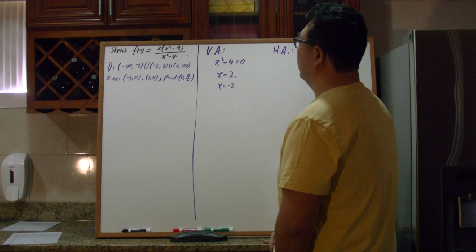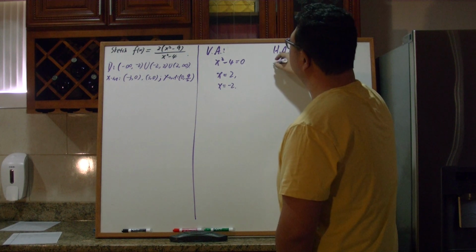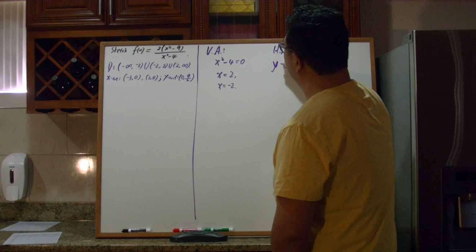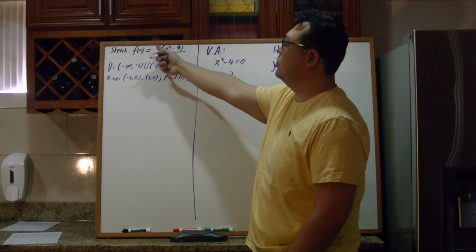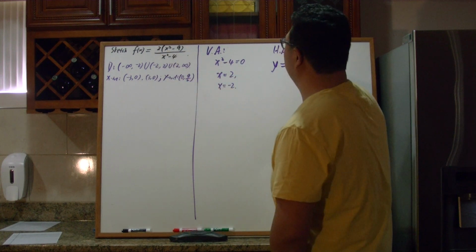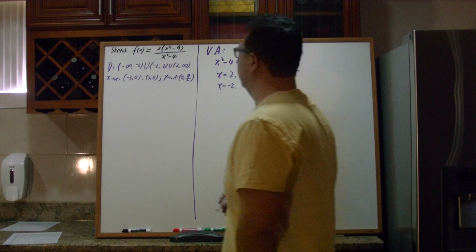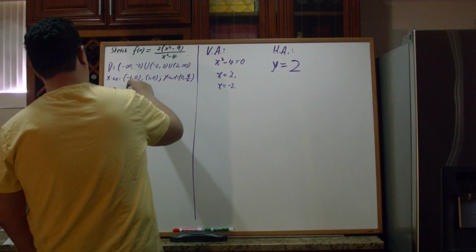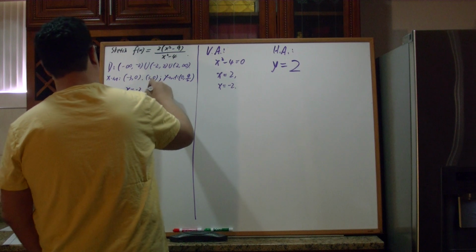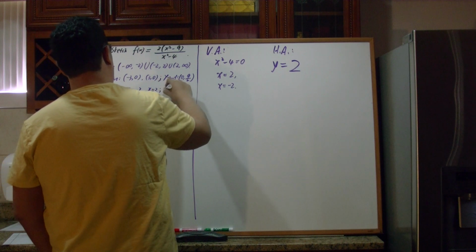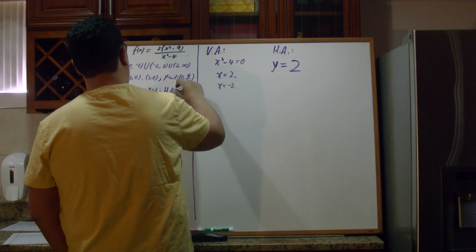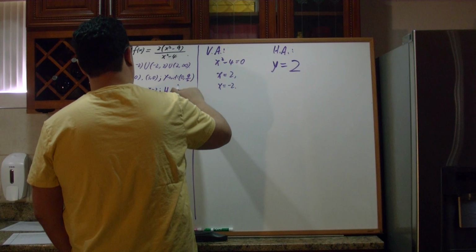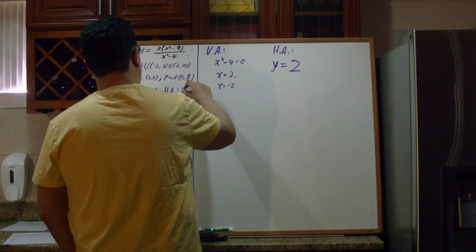Just say, since we have the same degree, the ratio of leading coefficients will be the horizontal asymptote, y equal to. So we have vertical asymptotes x equals negative 2, x equals 2. Horizontal asymptote, that is the line y equals 2.